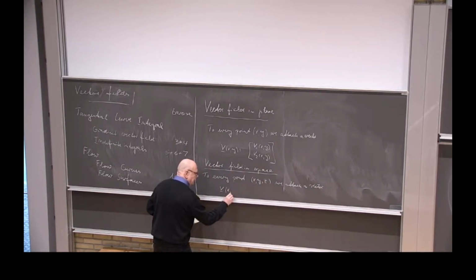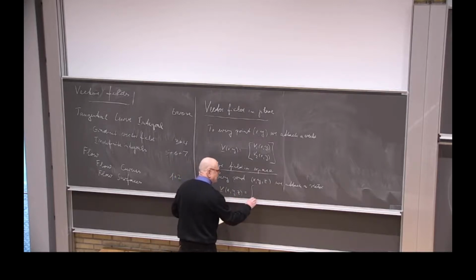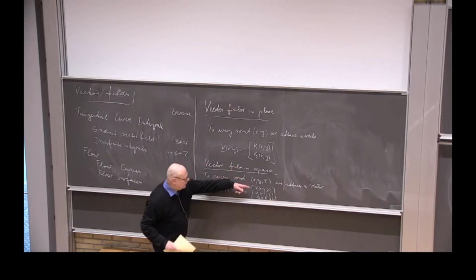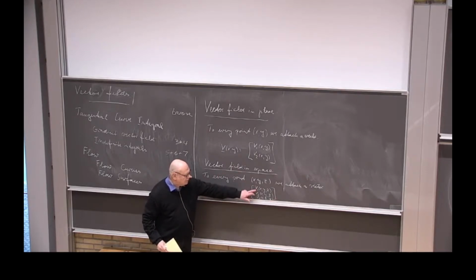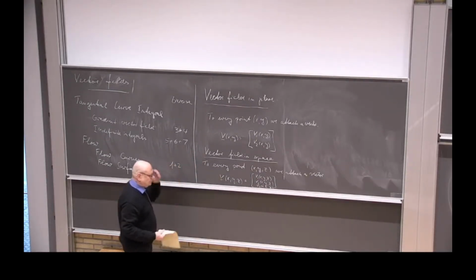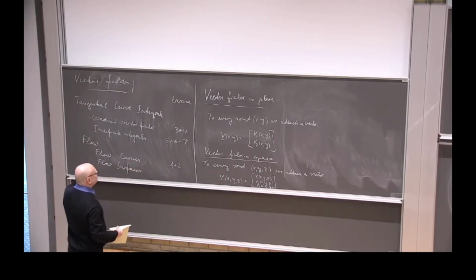This vector field here is a function of x, y, and z. And you have the three coordinate functions, v1, v2, v3, and each of them are real functions of the three space variables. So this is how it looks.